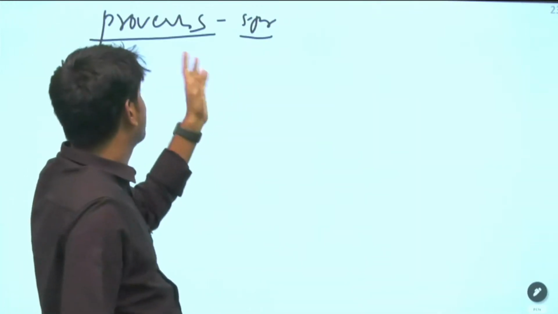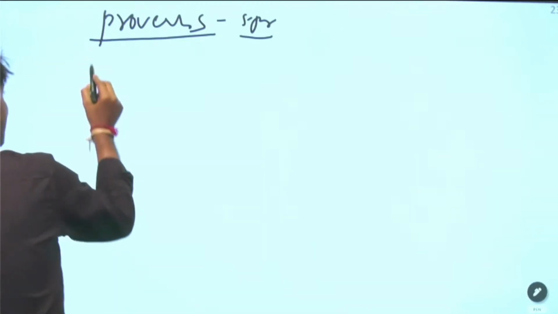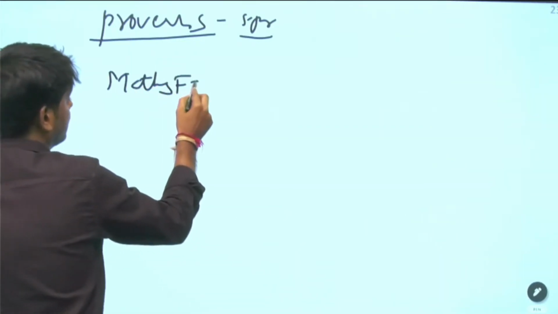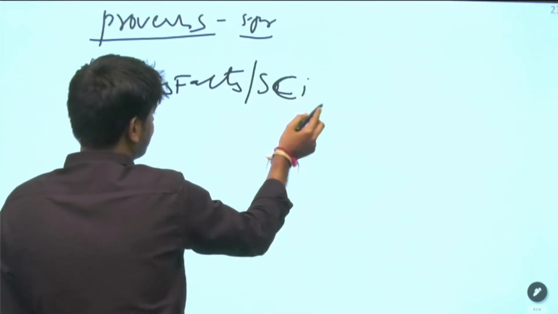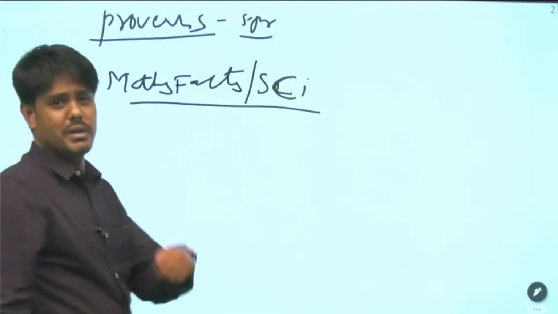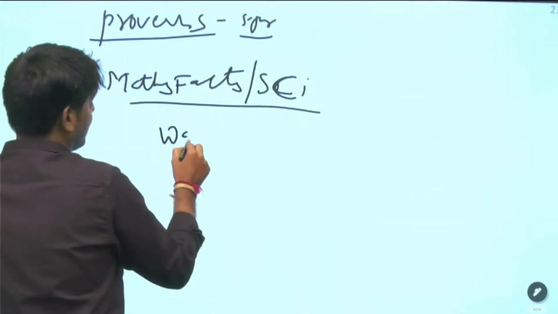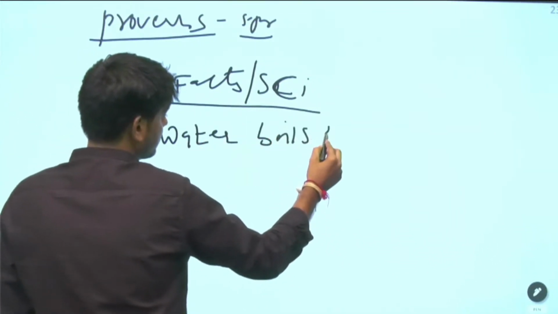All the different types of proverbs will be expressed in simple present tense, and so will all math facts or science facts, any facts. It may be a universal truth or a science fact like water boils at 100 degrees centigrade.